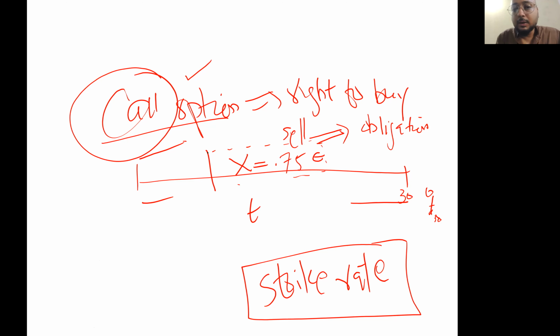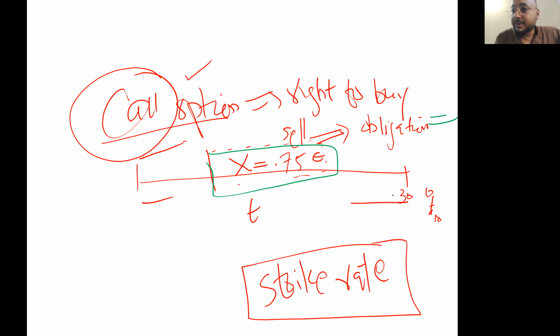You enter into a call option contract. Call option means the buyer has the right and option to buy, simple, or not. But the seller has the obligation to fulfill the contract. If the buyer says that I want to buy it, then the seller will sell it. If the buyer says I don't want to buy it, then the seller cannot enforce this agreement.